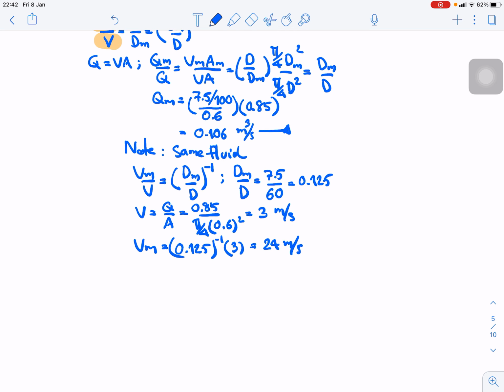In this case it's a high velocity, but it could still be attained in a lab.